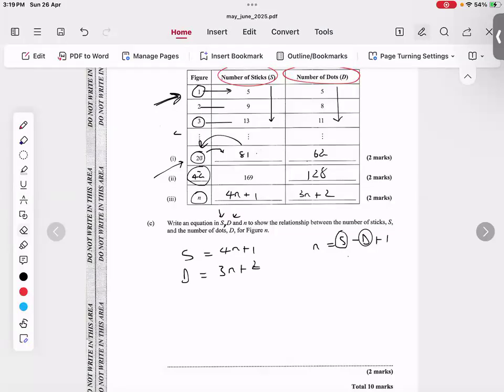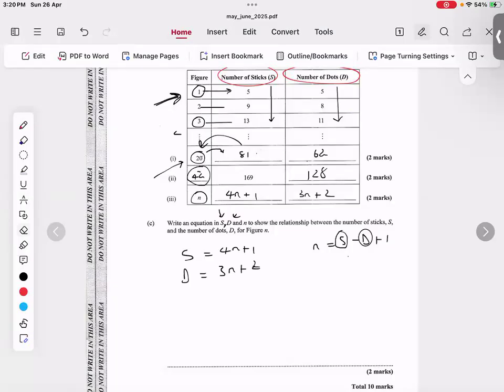So I am wondering, if they say write an equation in S, because they say in S, that means S is involved, and D and N to show the relationship.